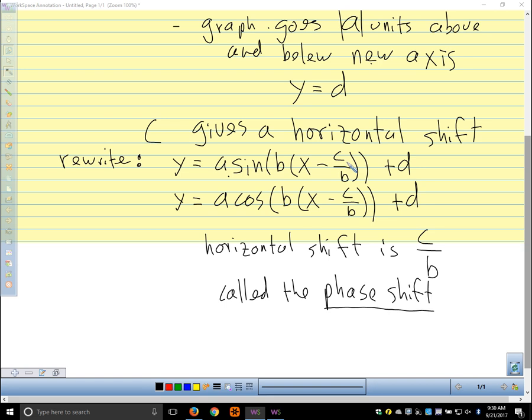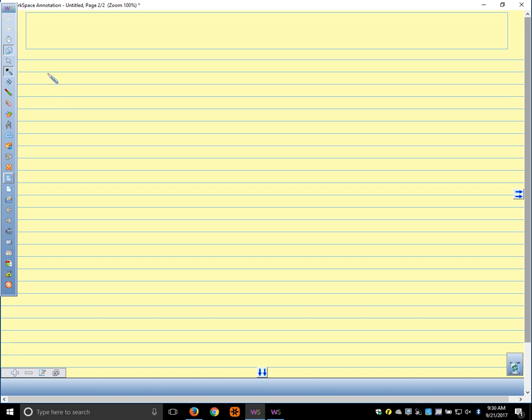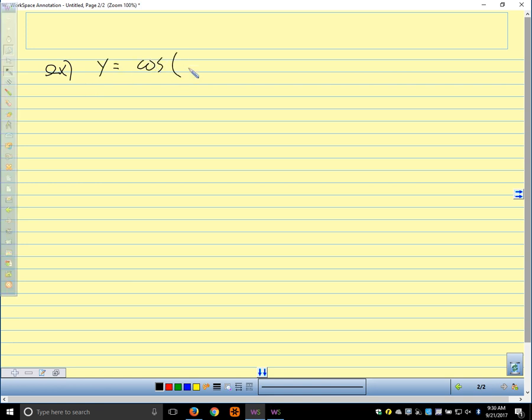So let's start with an easy one. So all of these, we're sketching a graph. So I'm not going to write that for each one. We're sketching a graph. Y equals, for this one, cosine of x minus pi over 2.